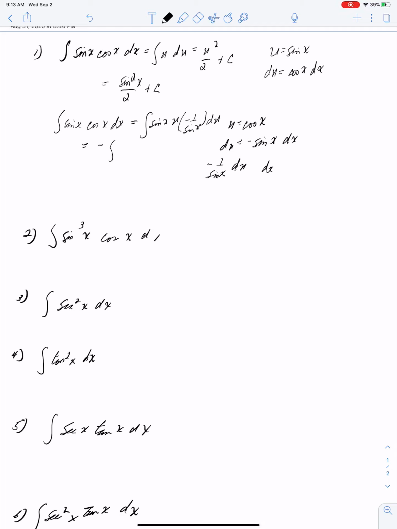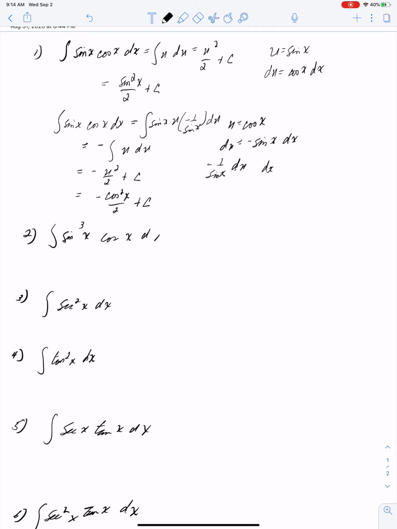The integral of u du. Right? Everything else cancels, minus kicks out, which you'll recognize again is what? Minus u squared divided by 2 plus c. What was u? U is cosine x: minus cosine squared x divided by 2, add c.